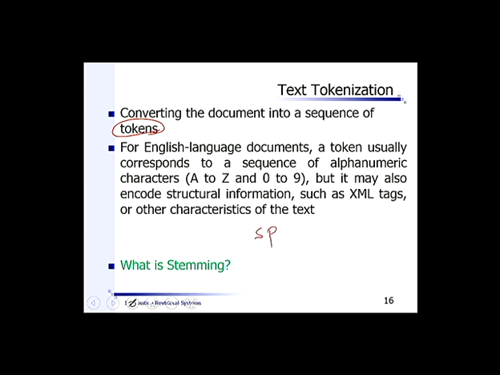The tokens are separated by space or any punctuation mark. For example, here, "for" is one token, "English" is another token, "language" is another token, "documents" another token, and so on and so forth, right?